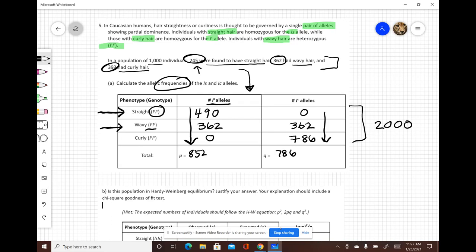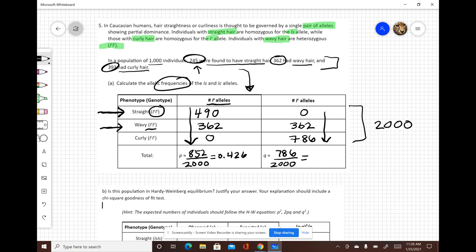So when I find my frequencies for P and Q, I'm actually going to take those totals and divide by 2,000, which represents how many total alleles are found within this specific population set that I just went through. So to find my frequency for P, I do this calculation, and I should end up with something like 0.426.